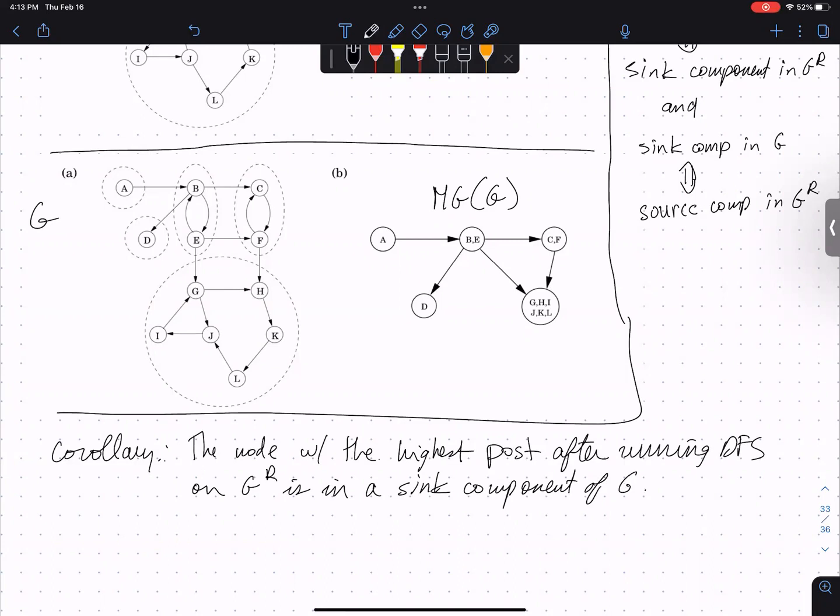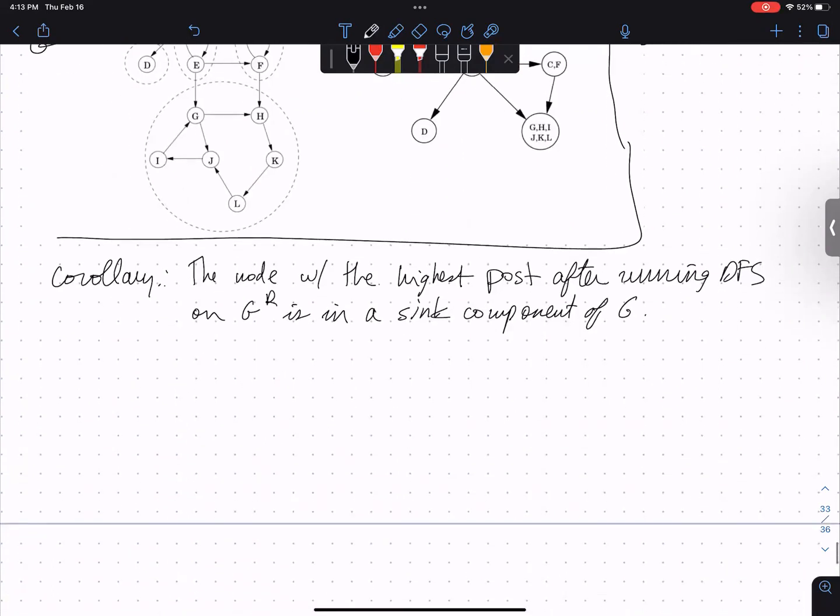Now I can give you the algorithm. Now we have all the pieces of the algorithm. DFS, single connected component on G. So the first step is we need to compute GR, the reverse of G. And your homework asks you to give an algorithm how to do this in linear time.